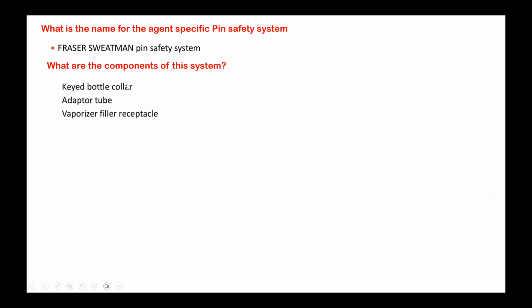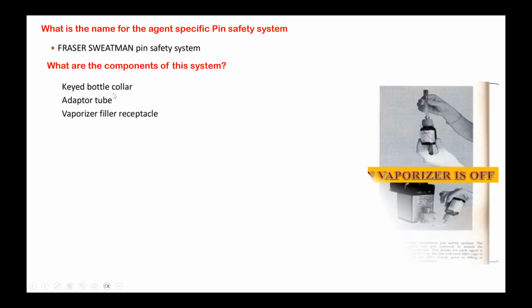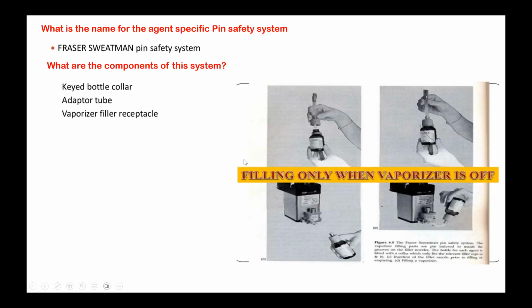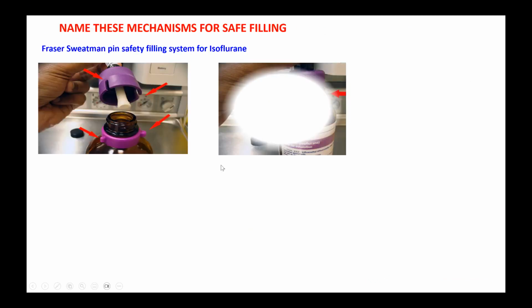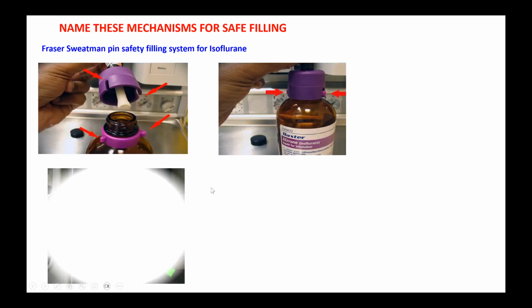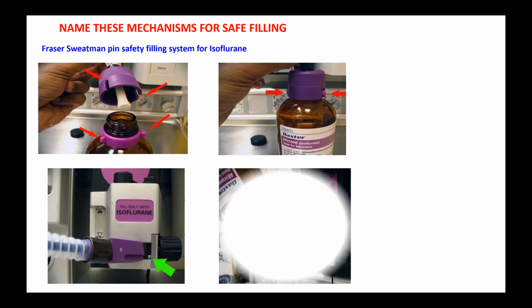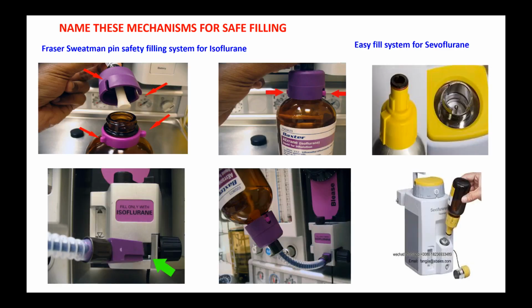And it has a component of this feed bottle collar adapter. So this is the filling only when the vaporizer is off. And this is the way you have to insert. Mechanism of how it is done. These things are all known to you.